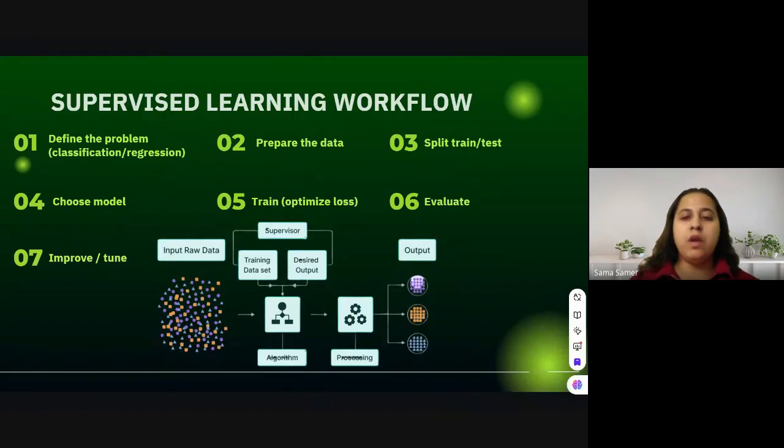The lower the loss, the better the model acts. Then evaluate the model, and the evaluation here happens on the test set. We test and evaluate the model. Then we can again improve and tune the model and evaluate it again. And this is a simple process of supervised learning.